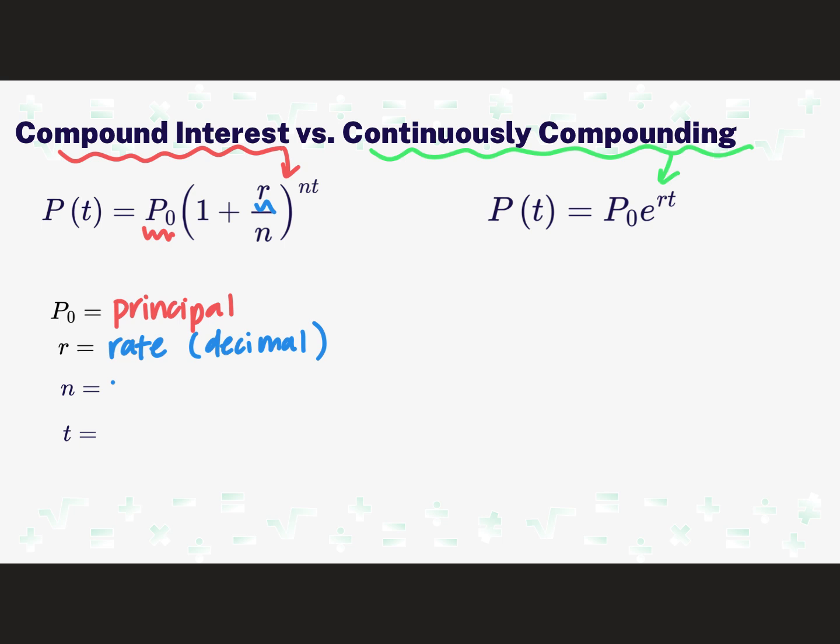We have n, which is going to be the number of times that interest is calculated per year. So if it's calculated every month, n would be 12, for example. You'll see n again in the exponent, and then t, our amount of time, is going to be number of years.